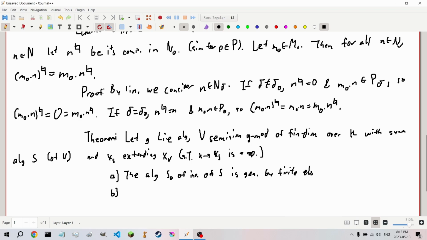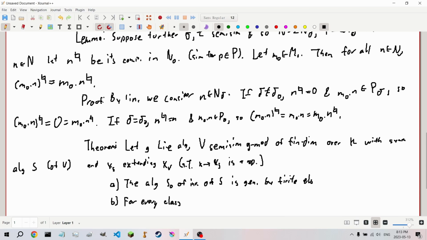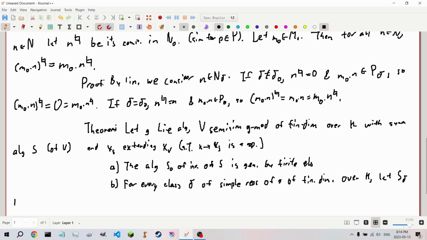And condition B: for every class delta of simple representations of G of finite dimension over K, let S delta be the isotypical component of species delta.